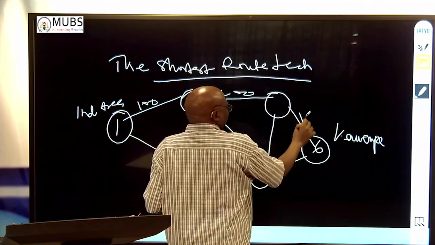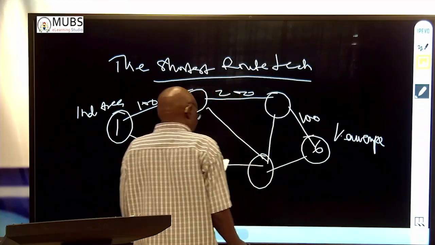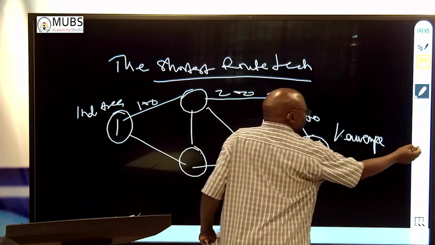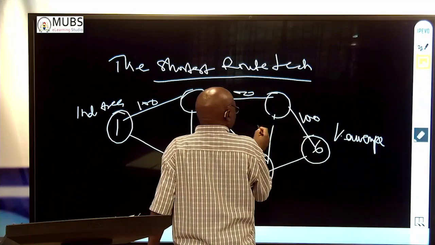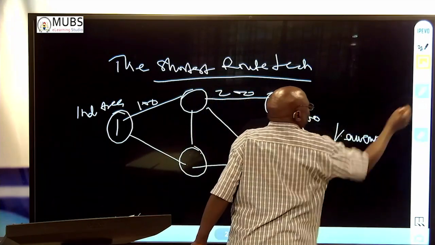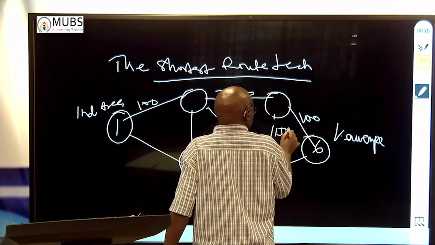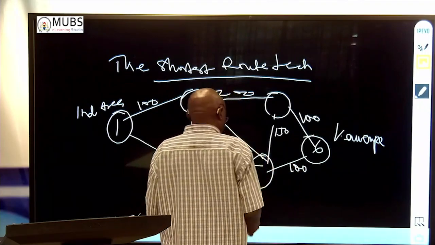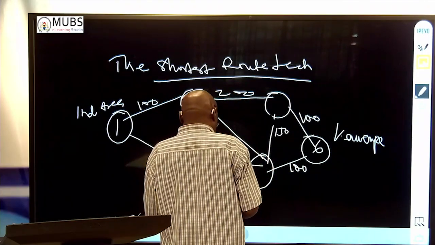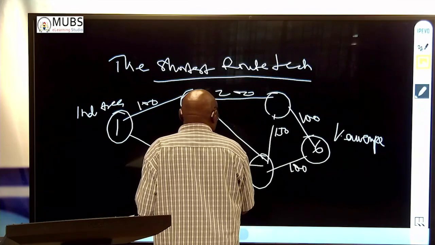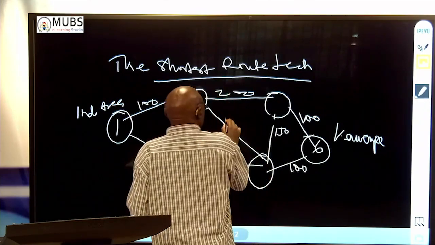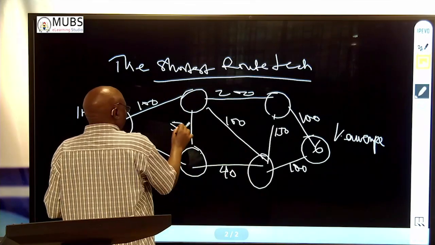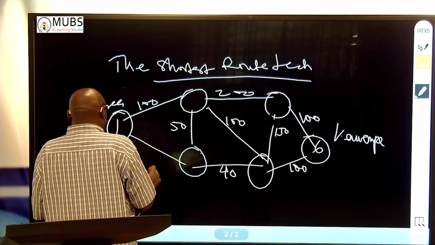The distances are indicated like that. It could be kilometers, it could be any unit. This is 150. This is 150. This is 100. This is 40. This is 100. This is 50. This is 200.